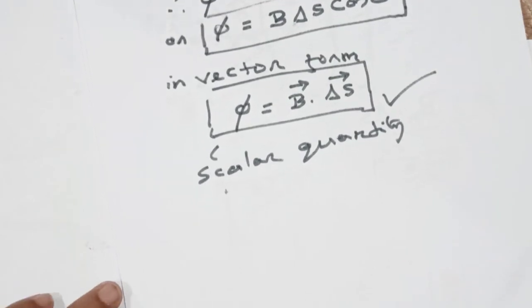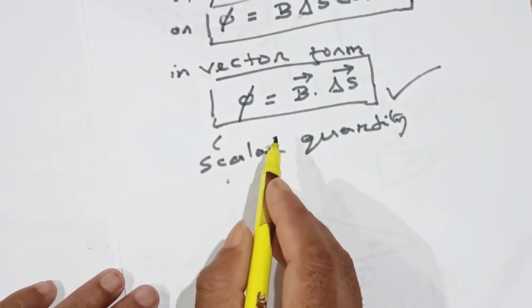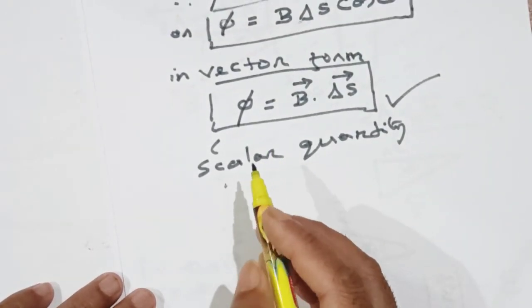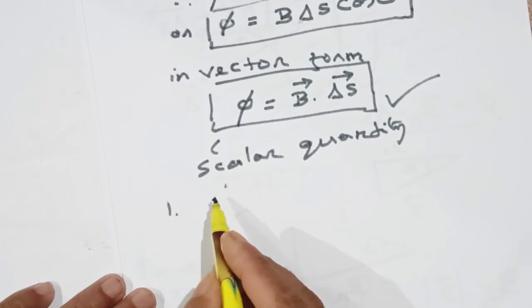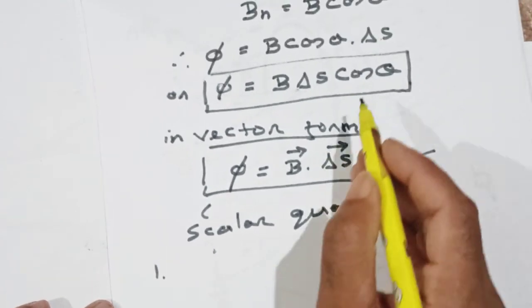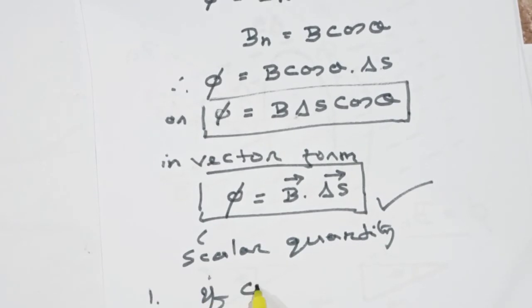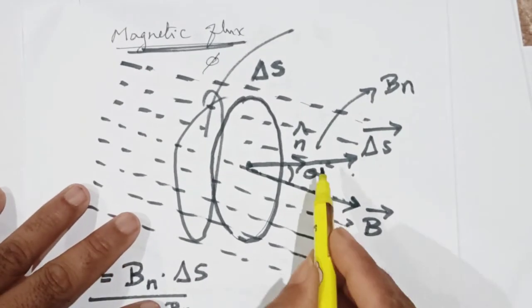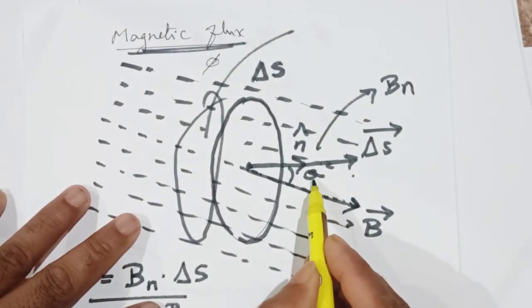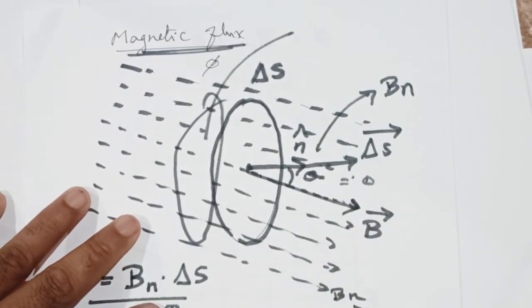So here we can have two cases like this. Let's put number one. Now, what about if this theta angle is 0? If theta, the angle between this, is 0, then what will happen?